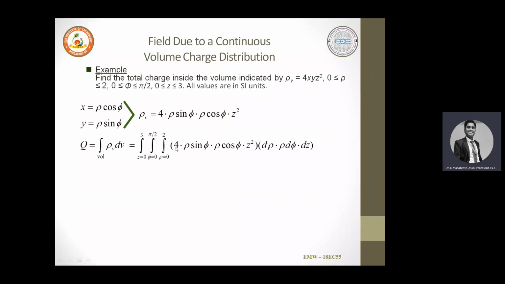Substitute rho v and dv. What is the differential volume? It is d rho d phi dz in the given cylindrical coordinate system.